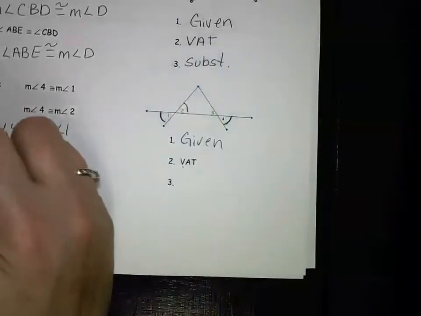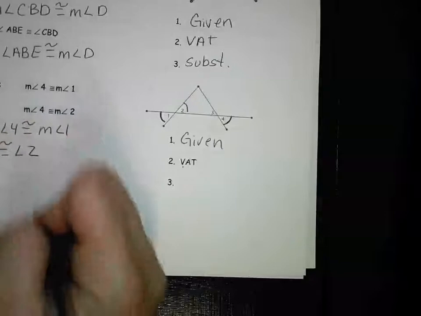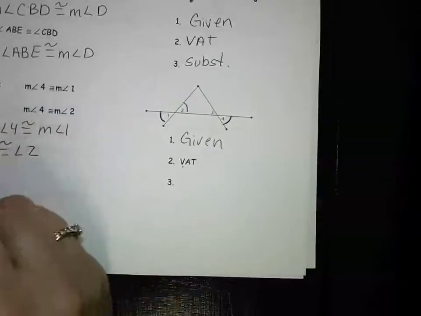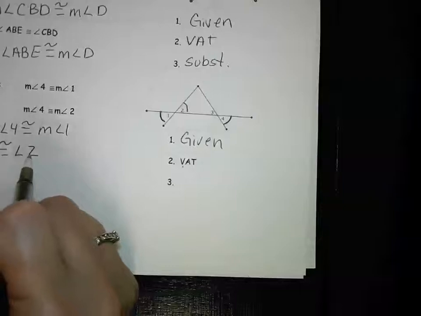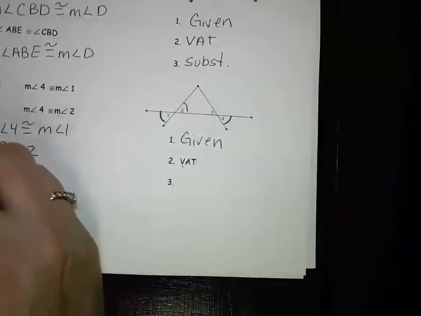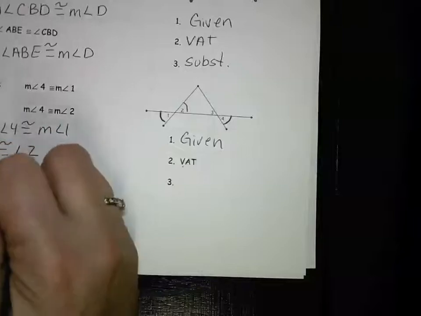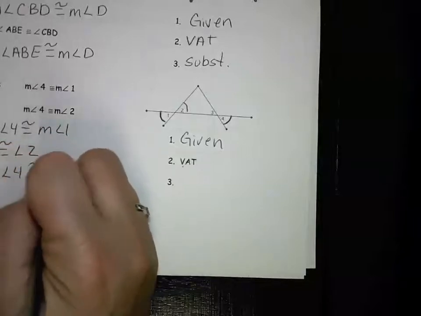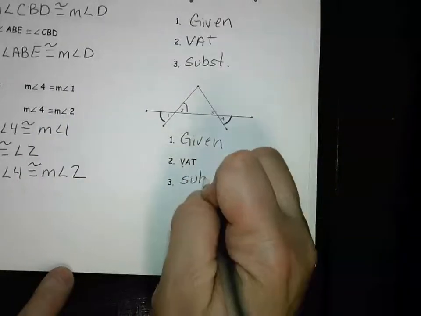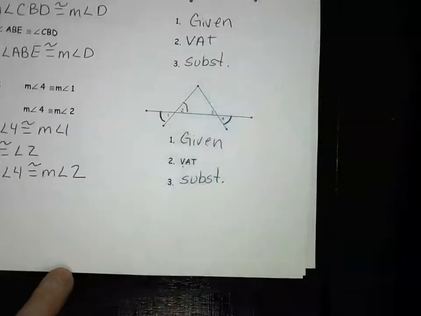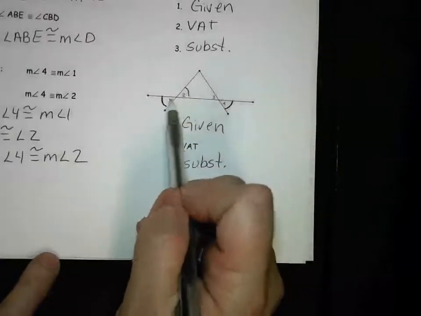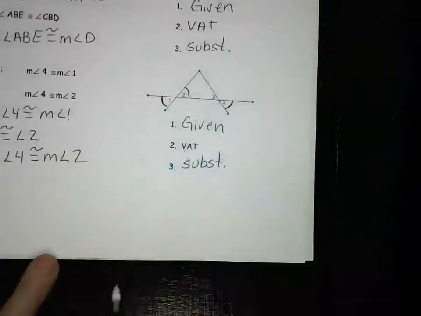We can say angle 1 is congruent to angle 2. Well, if angle 1 is congruent to angle 2 and angle 1 is congruent to angle 4, then we can say the measure of angle 4 is congruent to the measure of angle 2, and that again is by substitution. So we used vertical angles, and then we had substitution.